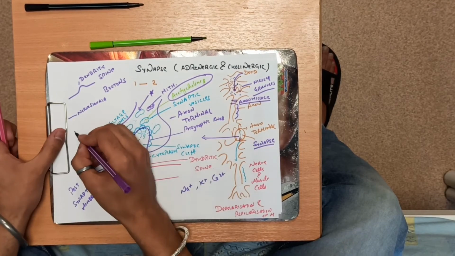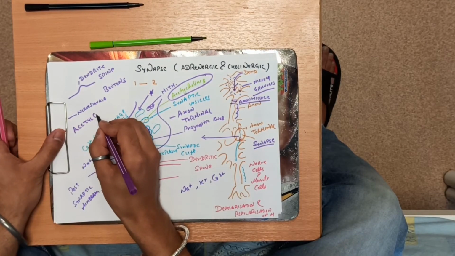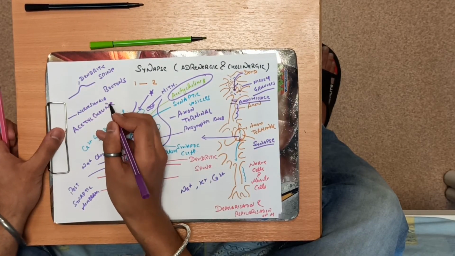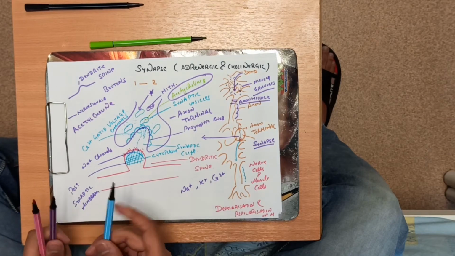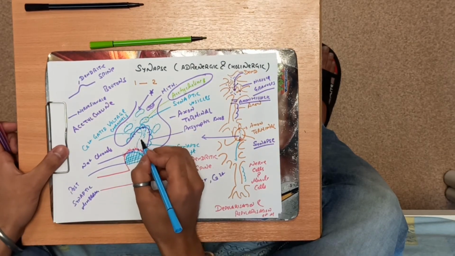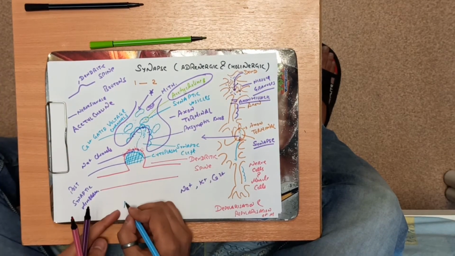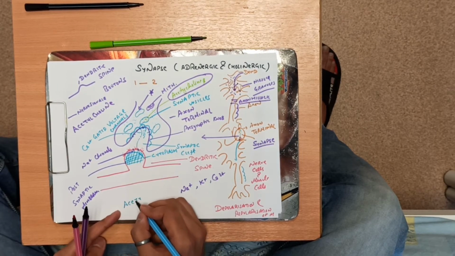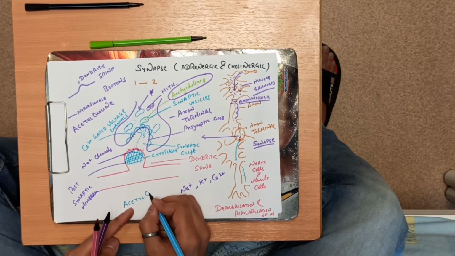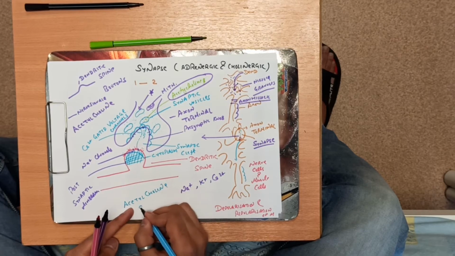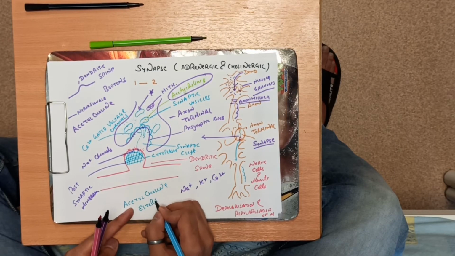Now let me tell you, in the synaptic cleft, there is an enzyme called acetylcholinesterase.